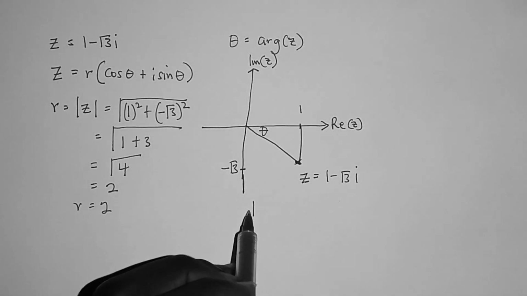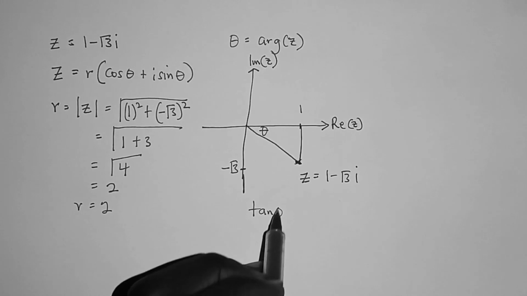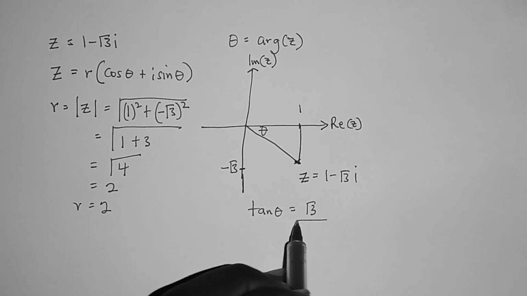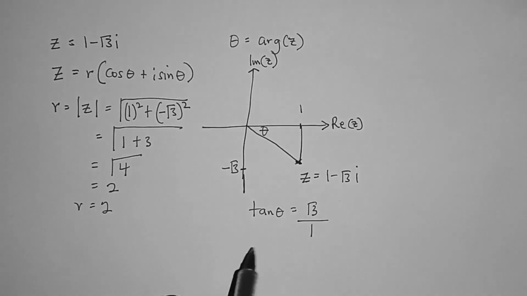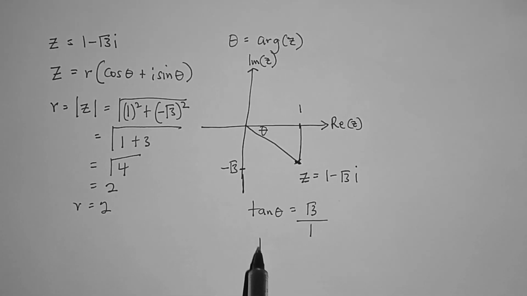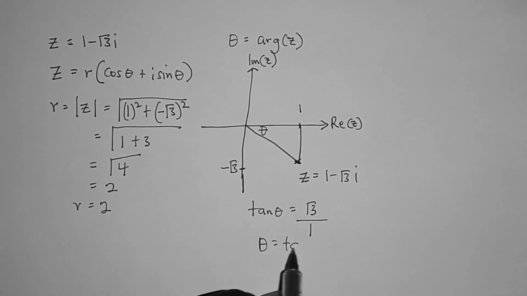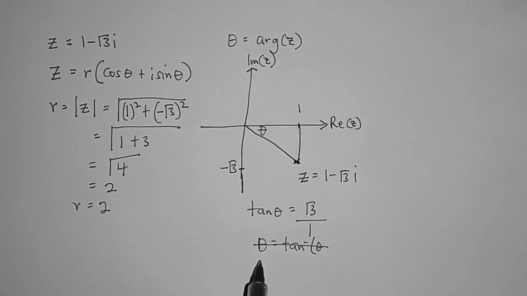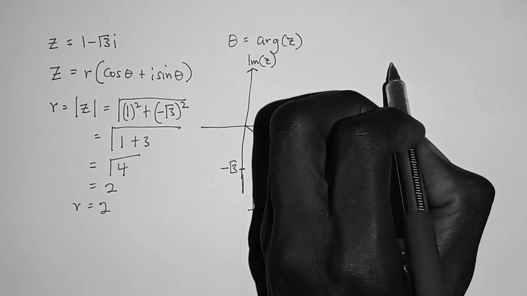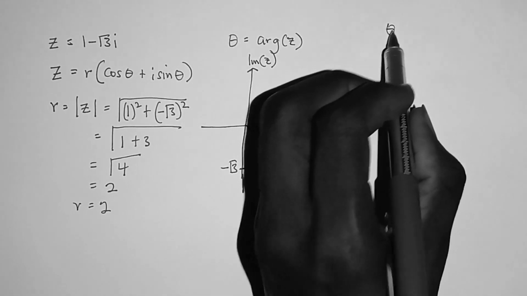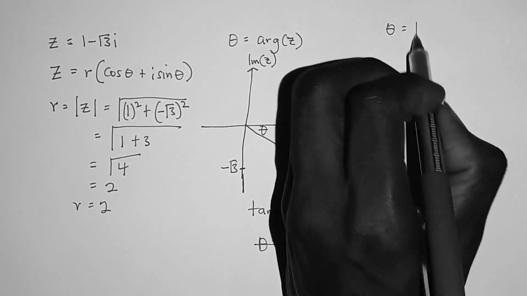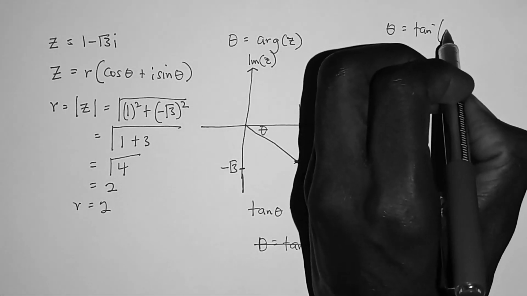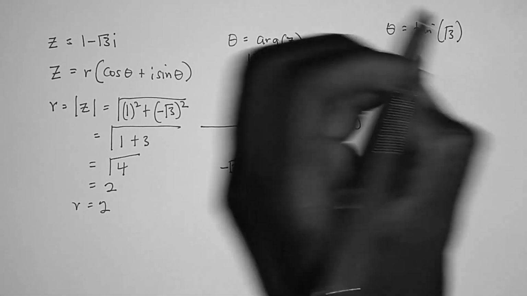So tan theta is opposite over adjacent. The opposite is root 3, and the adjacent is 1. Therefore, theta is equal to tan inverse of root 3 over 1, which is the same as root 3.